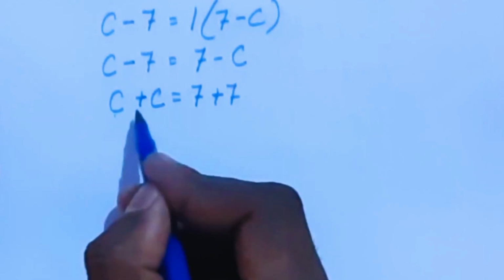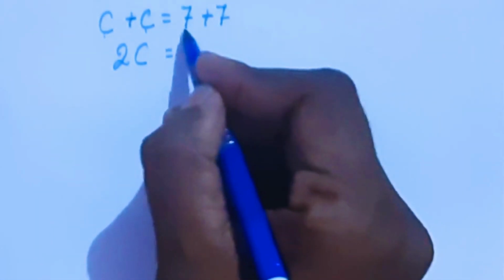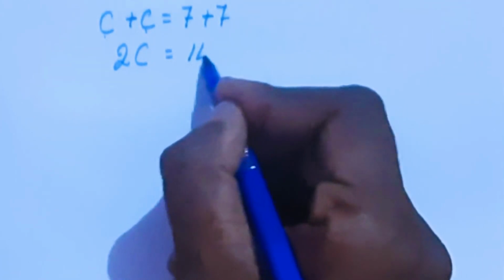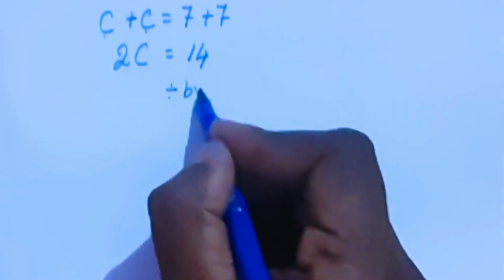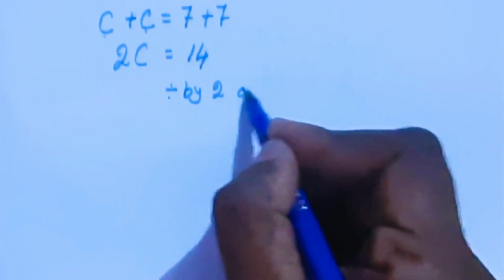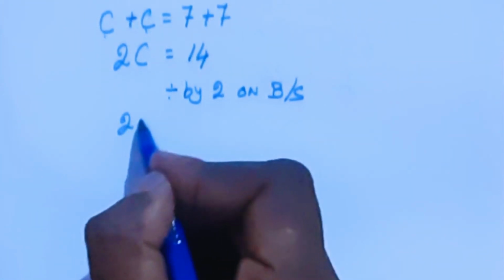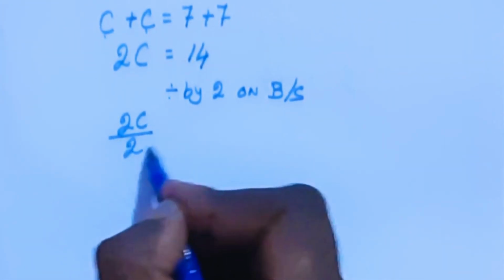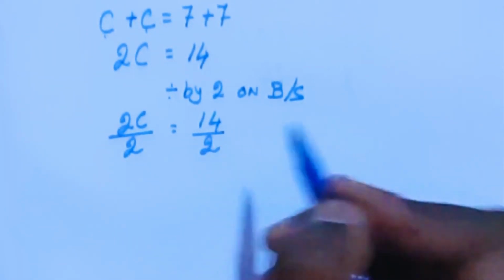Now C plus C is 2C equal to 7 plus 7 is 14. Now divide by 2 on both sides.